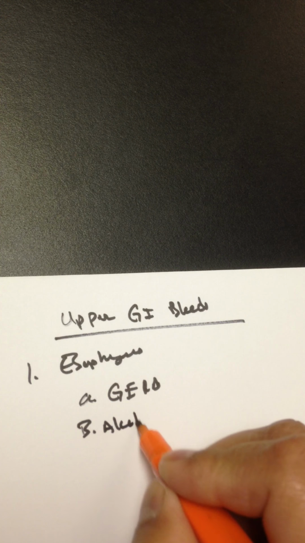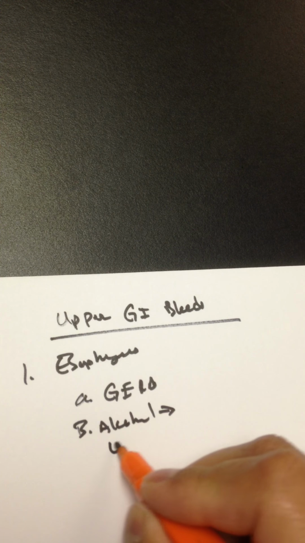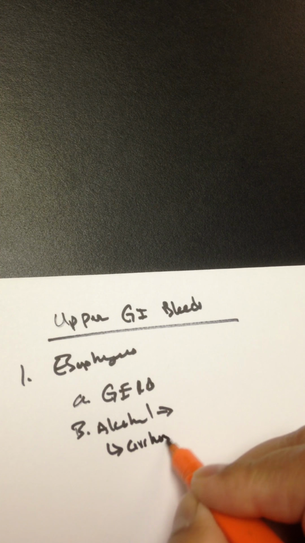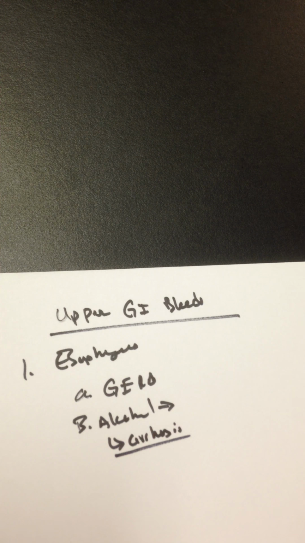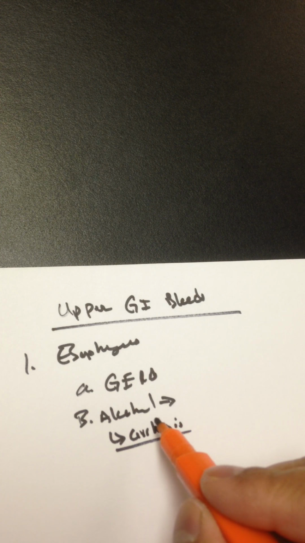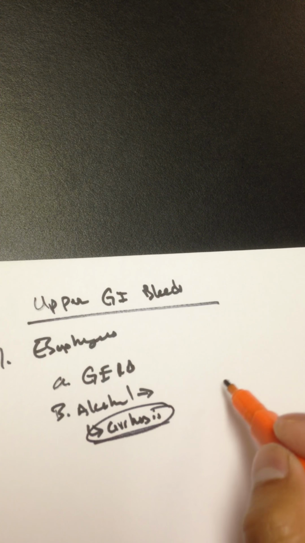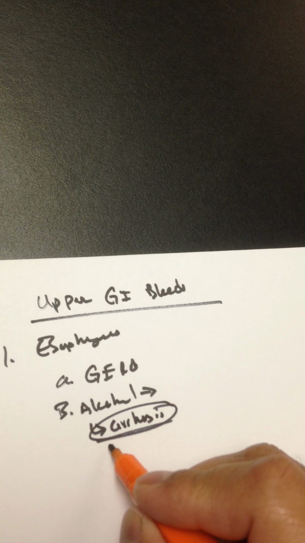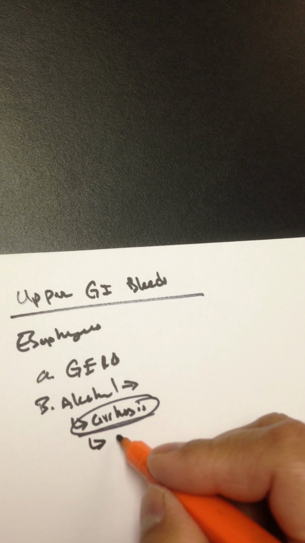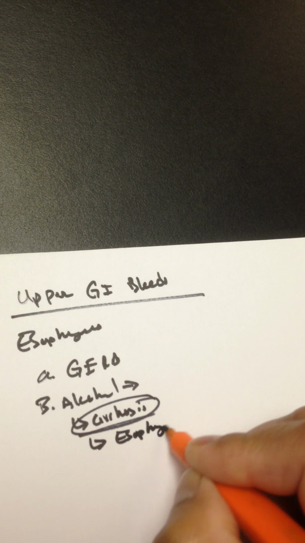Alcohol. And we can actually put cirrhosis here, because chronic alcoholism will result in cirrhosis. And with cirrhosis, you're going to end up with esophageal varices.